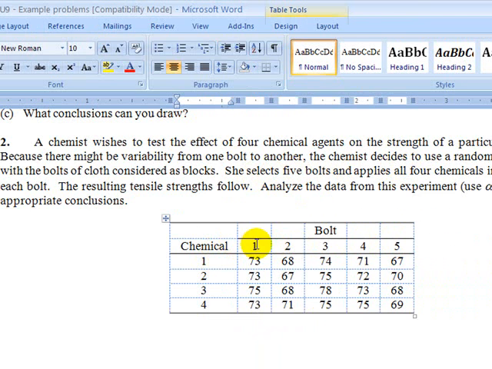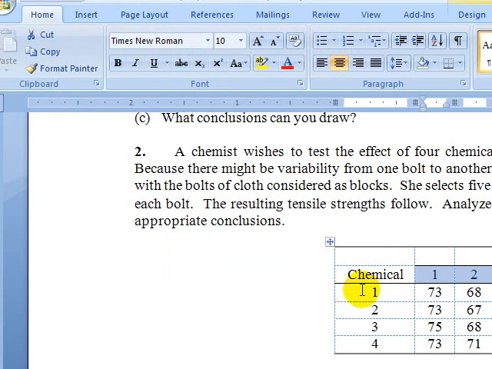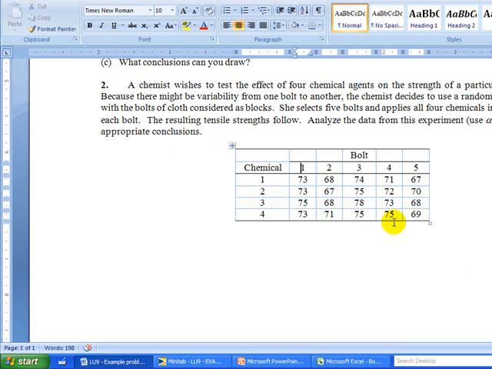She used 5 bolts of cloth, right? So these bolts are the blocks, randomized blocks in our experiment, right? So we have a factor which is chemical agent, and we have another factor which is randomized block, and we have all these readings here, right? So I will solve this problem using Minitab.